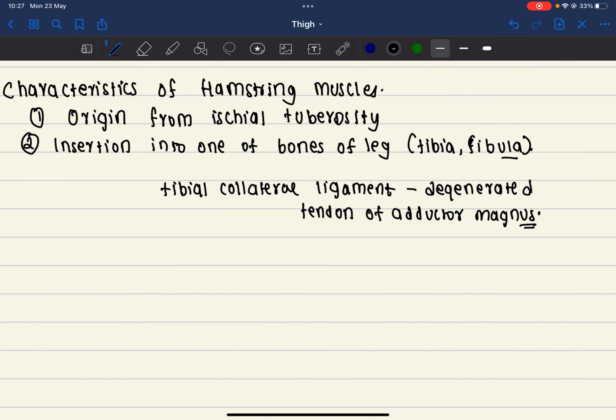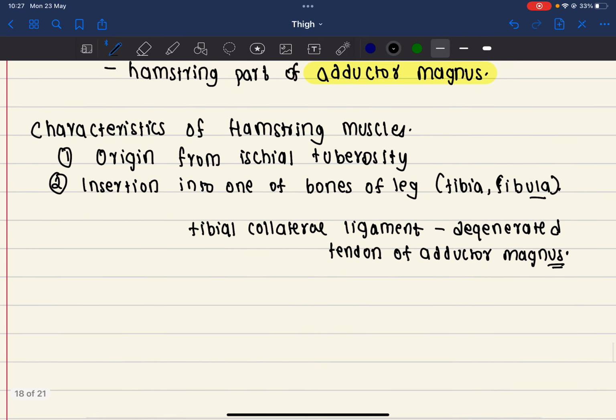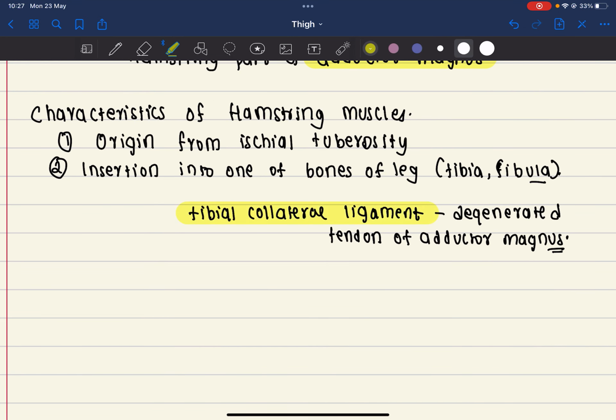So हामीले adductor magnus लाई पनि hamstring muscle मा इन्क्लुड गरिन्छ.